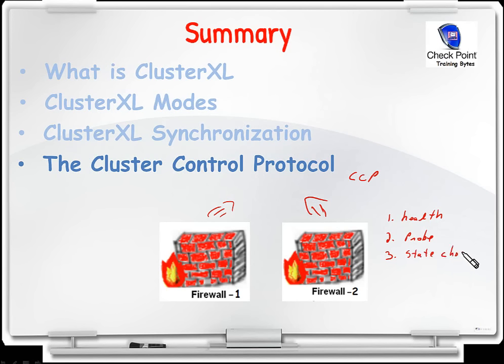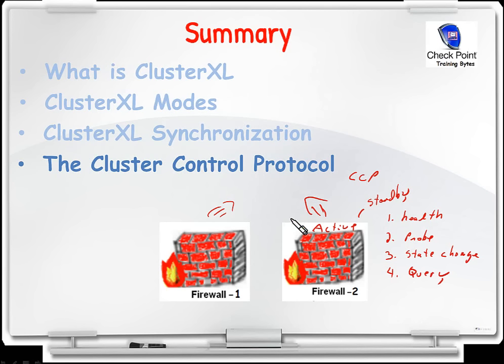So if there's a machine that's leaving the cluster, or a machine that's changing its state from active to standby or from standby to active, each and every change needs to be updated to the cluster community. Also, the Cluster Control Protocol is used to query for new cluster membership.